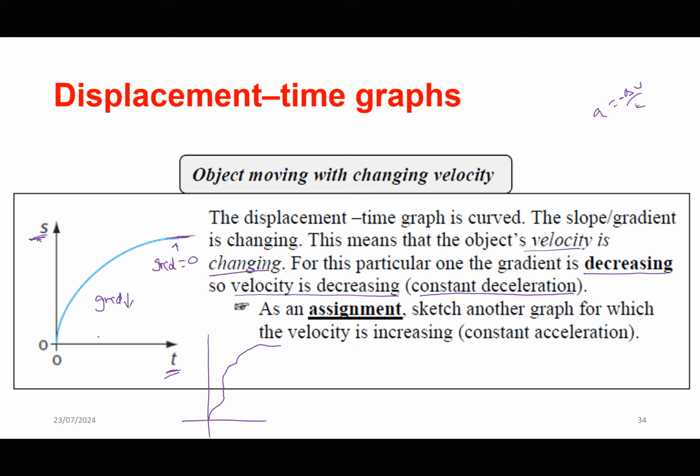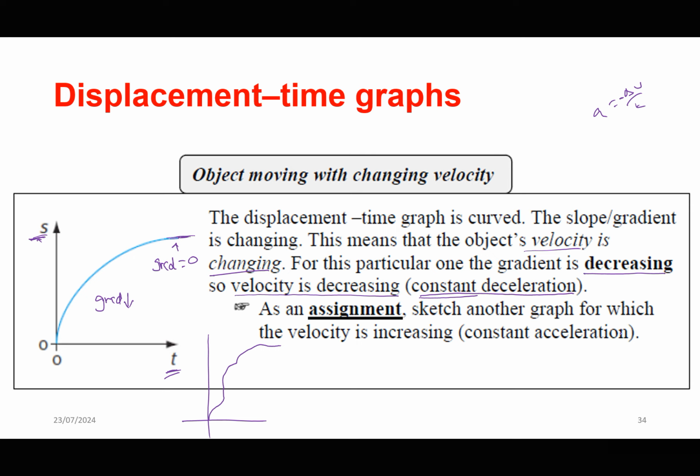If the gradient is decreasing, then it means the velocity is decreasing. A decrease in velocity is a deceleration, slowing down. But because this is a smooth curve, we can say the velocity is decreasing uniformly. That's why we call it a constant deceleration, a steady deceleration, a uniform deceleration.